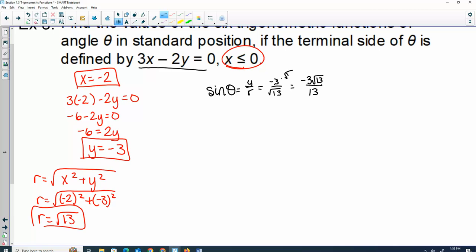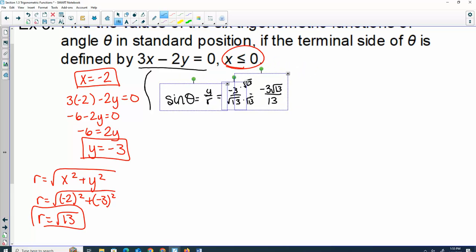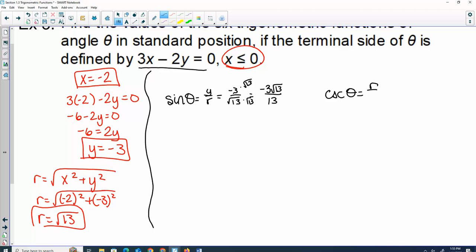So we just multiply by the square root of 13 to get it off top and bottom. An algebra trick there. The reciprocal of sine is cosecant, so that would be r over y. So that would be r is radical 13, and y was -3. So negative radical 13 over 3.